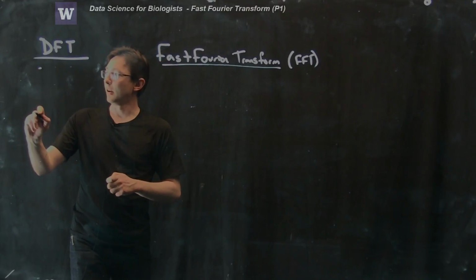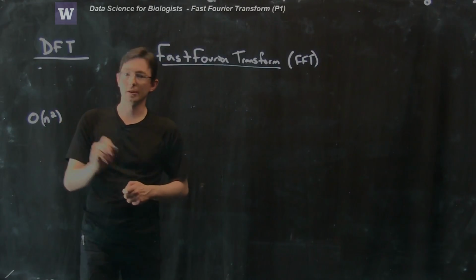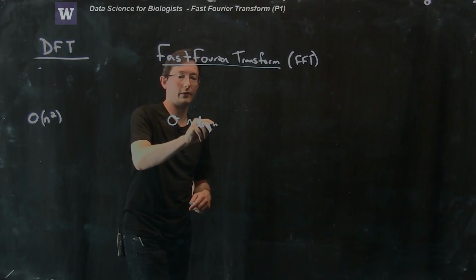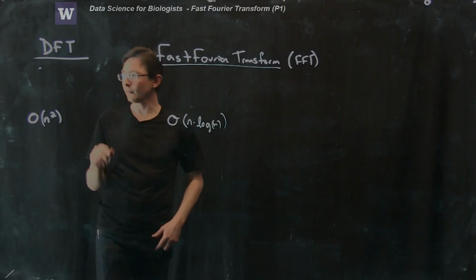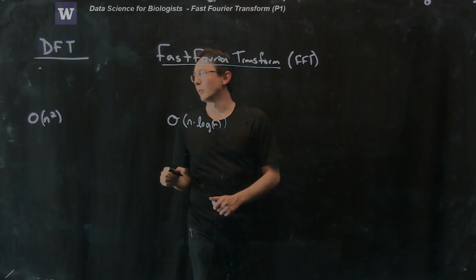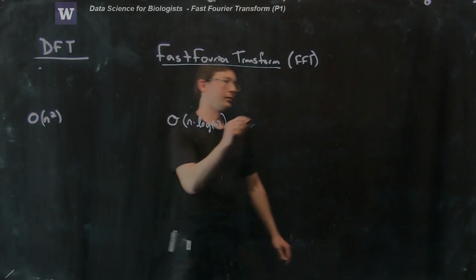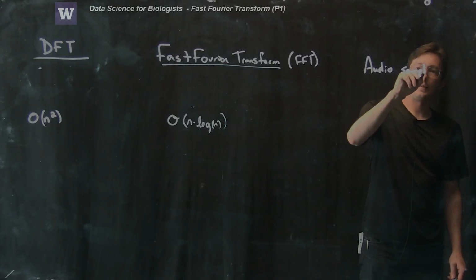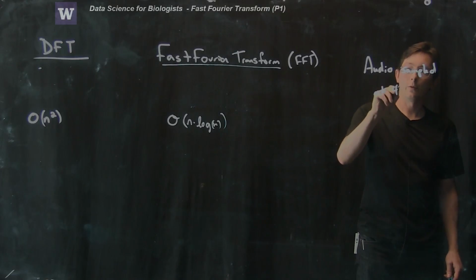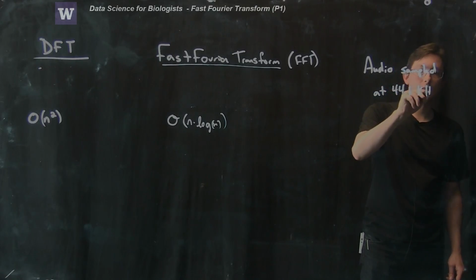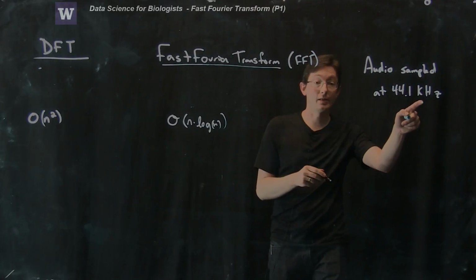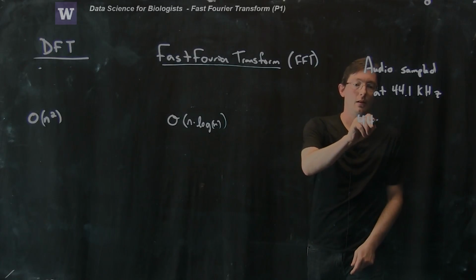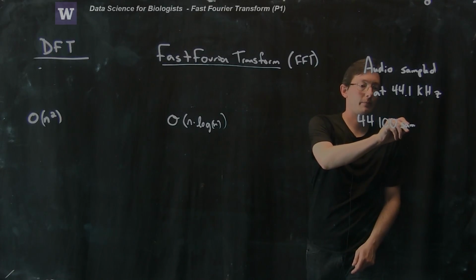We have this order n squared computation, and we have this order n times log of n computation. Good. And so the example that we're going to do, we're going to look at an audio signal. So audio is sampled at 44.1 kilohertz, which means that for every second of audio, you have 44,100 samples per second.